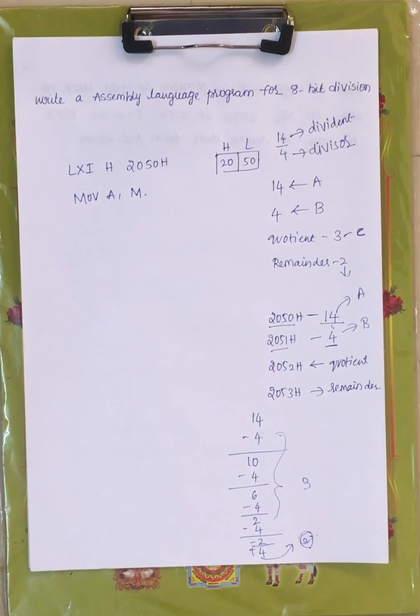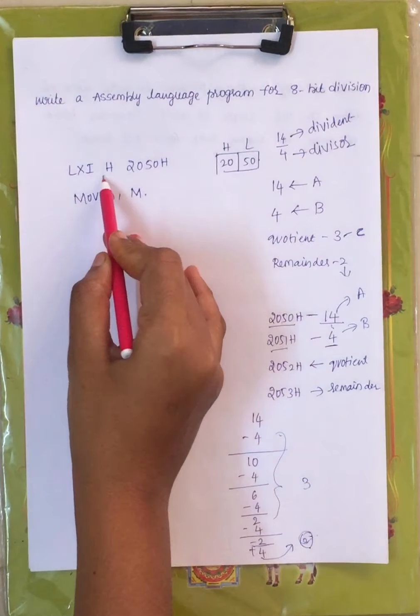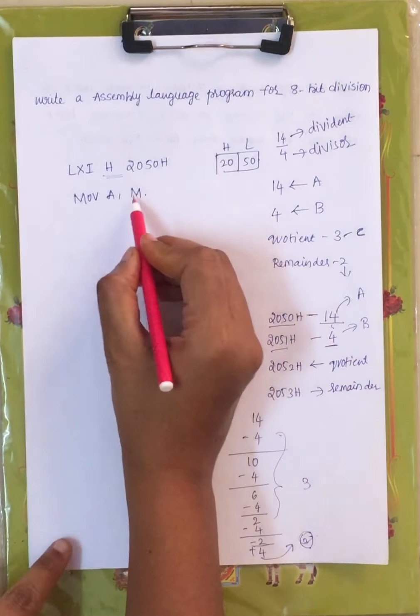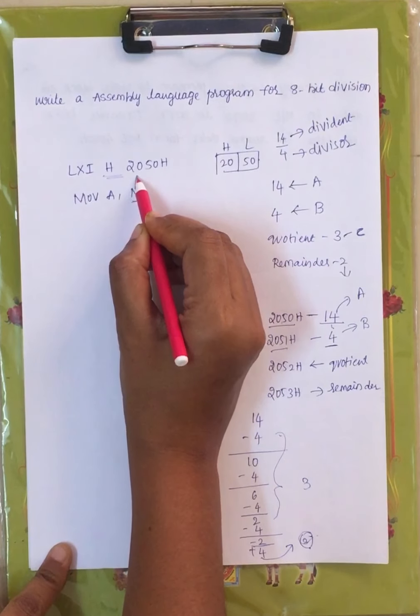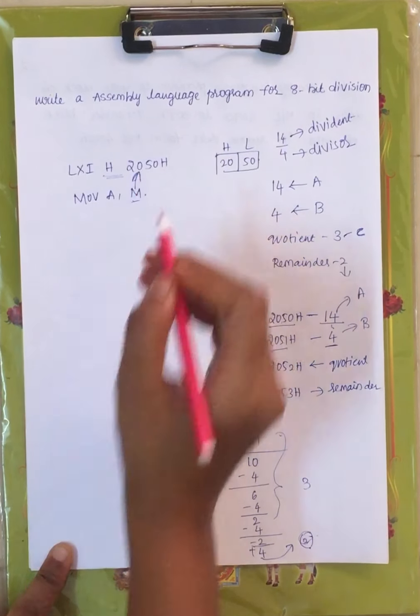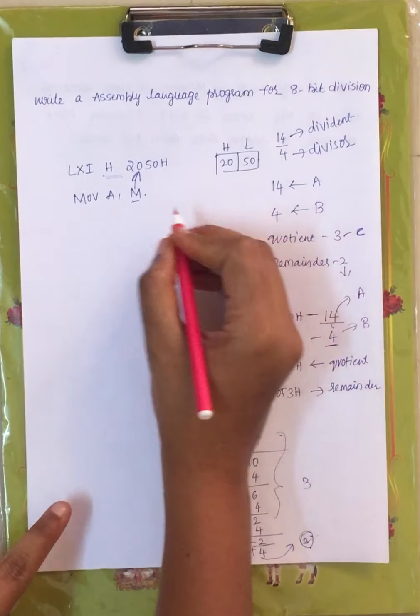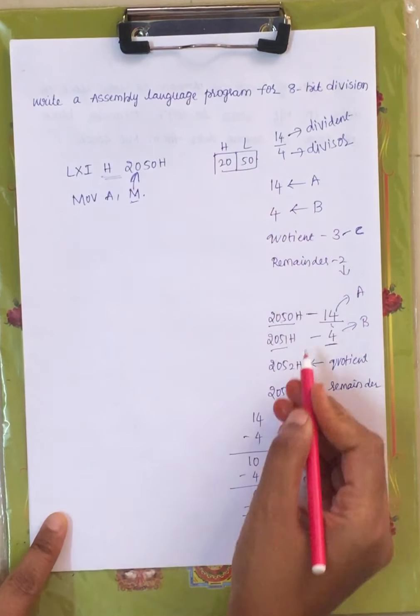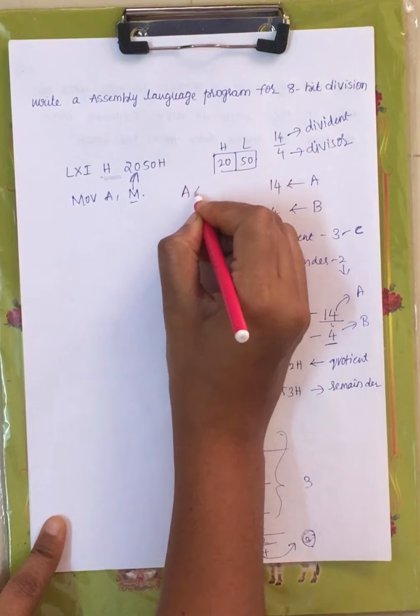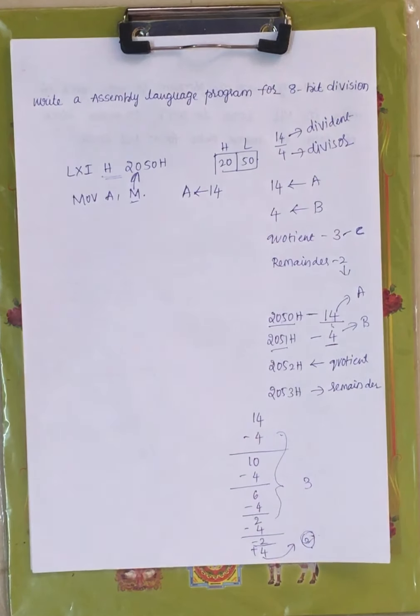In any set of instructions, if you get M, it is nothing but the memory pointer, pointing to the memory location in the HL register pair, that is 2050H. Now what is the data under 2050H? We have 14. So the operation of this instruction is that A is moved with the dividend.